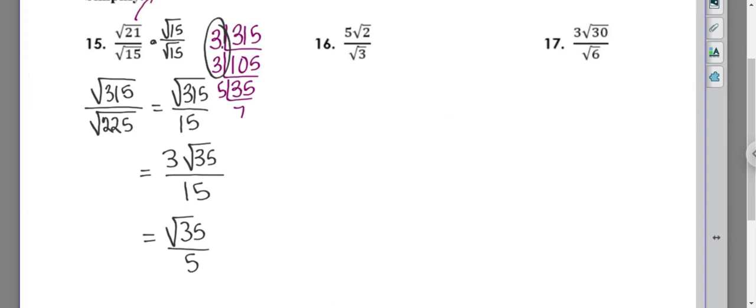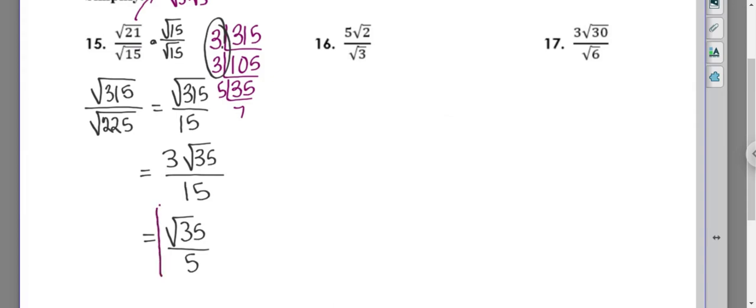The square root of 7 times the square root of 3, the square root of 5 times the square root of 3. So since both of them have the square root of 3 in them, I can take that out. Which then just leaves me with the square root of 7 over the square root of 5, which will get me to this answer as well.